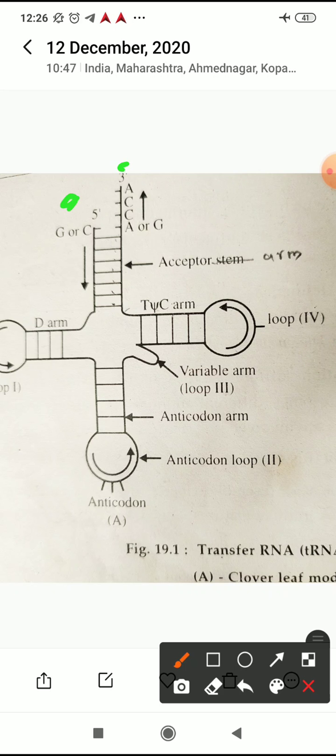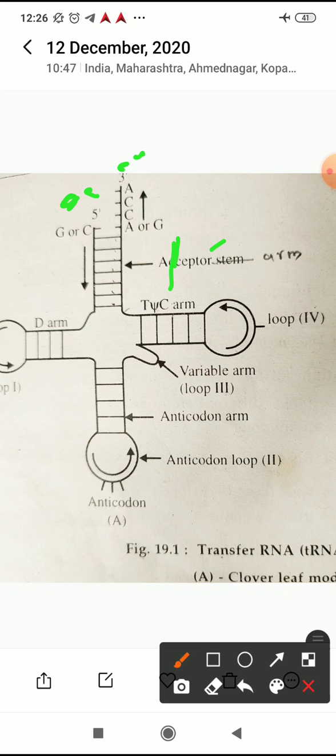This structure, clover leaf model, has 5 arms that we have seen. We will see some details of these all arms. So, acceptor stem, see here this arm, it is also called as a acceptor arm. It contains 5' and 3' ends of tRNA molecule.